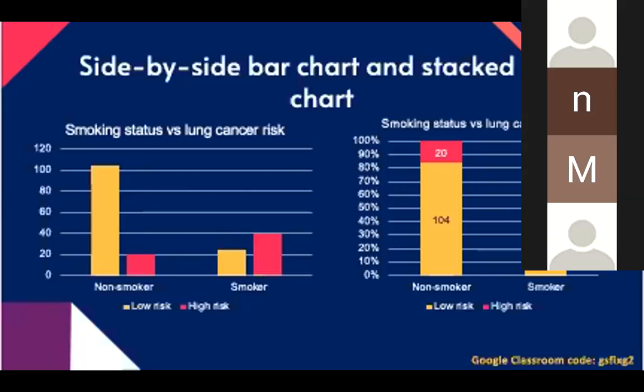Of course, for the stack chart, even though you report in the form of proportion, you can still put on the stack bar chart the actual numbers. So you have the option there.